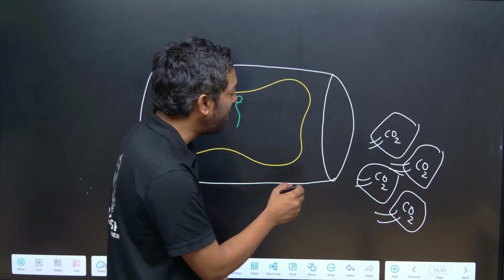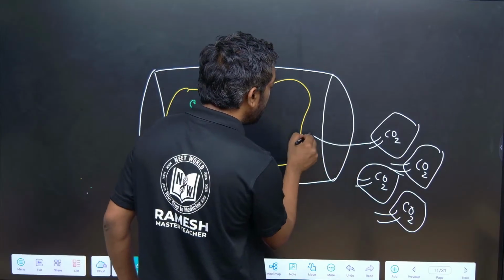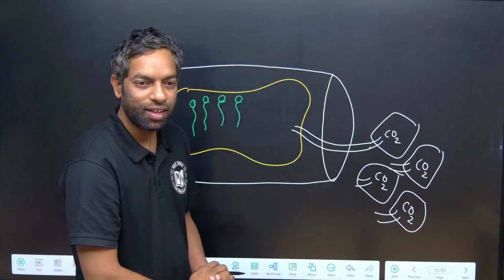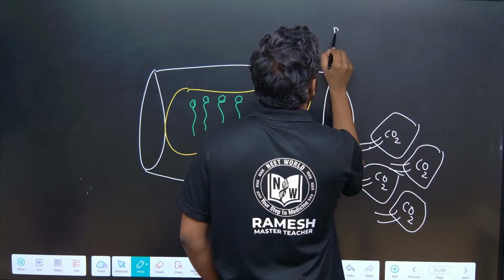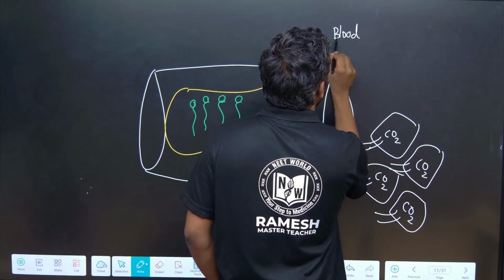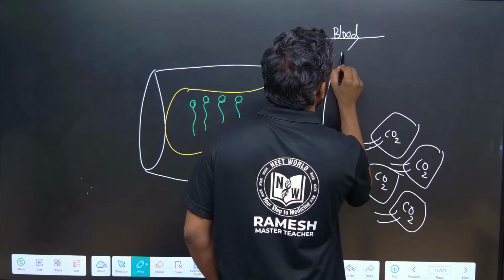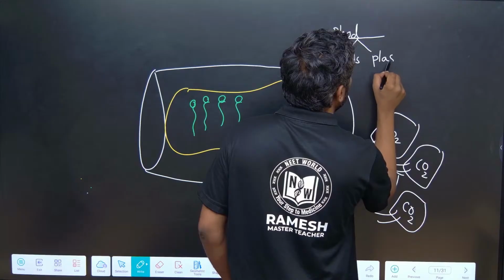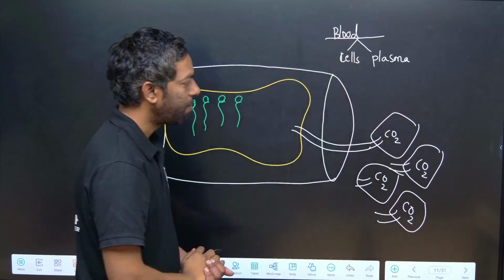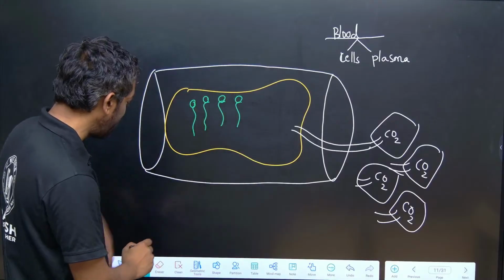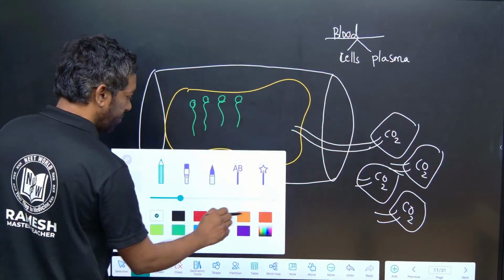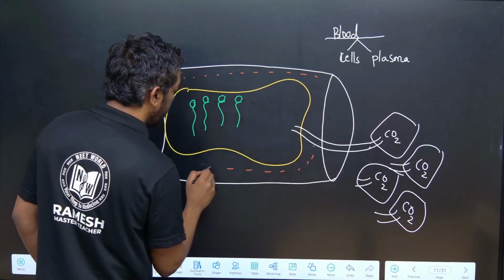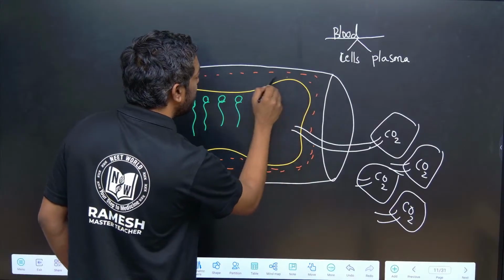First they enter into the blood. Blood composition is what? Blood cells and plasma, right. This is the blood cell and this is the plasma. In the blood vessel there are blood cells and plasma.